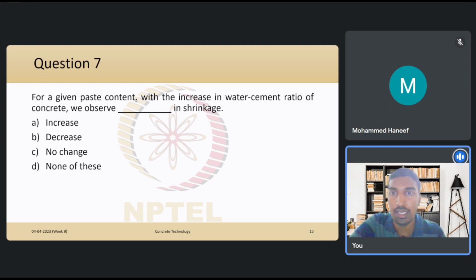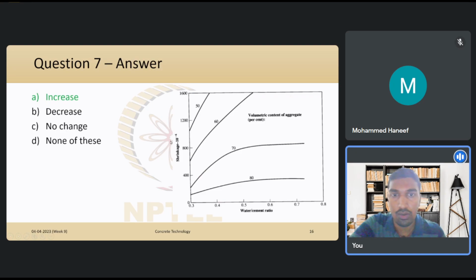So it will be in the capillary pores. During drying, all this excess water will evaporate, and after the evaporation there will be a reduction in volume, which is going to increase your shrinkage. Therefore the right option is A, that shrinkage will increase when your water to cement ratio is higher.